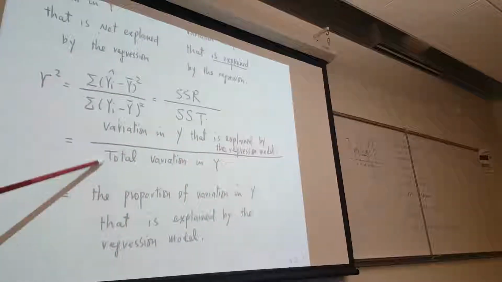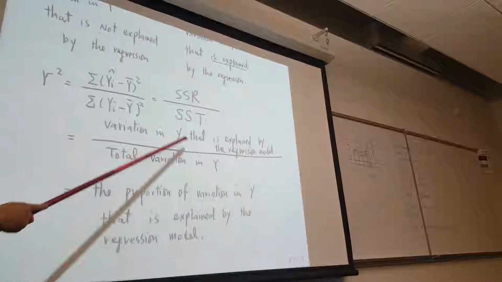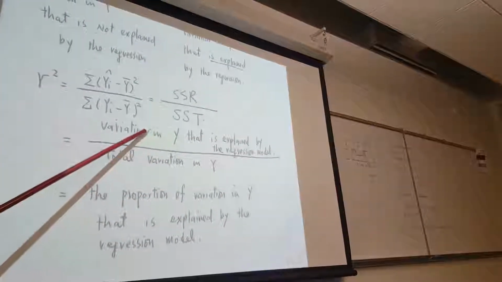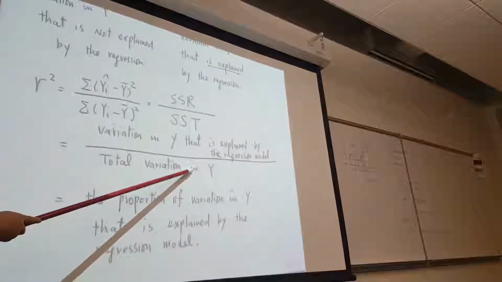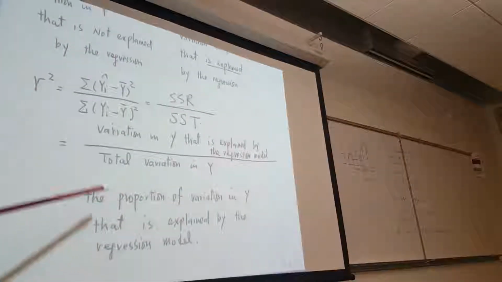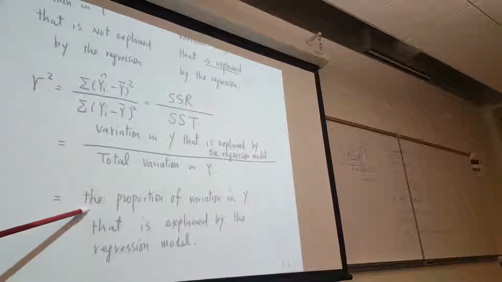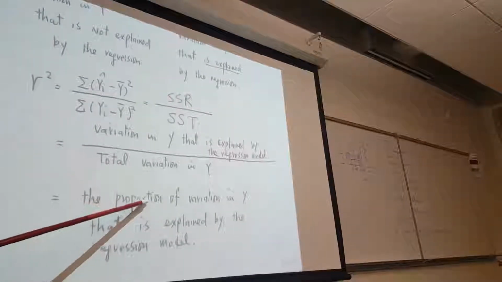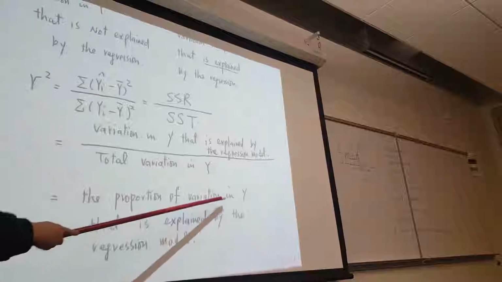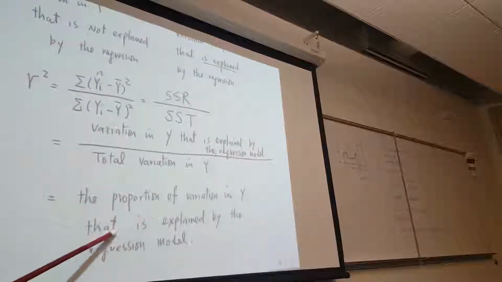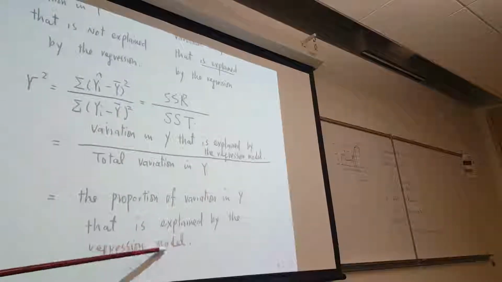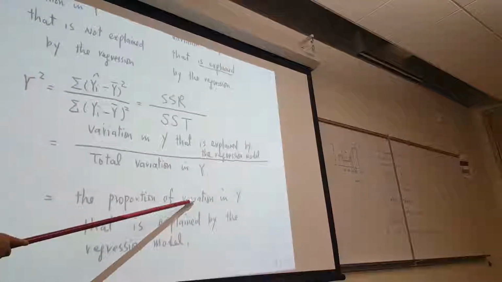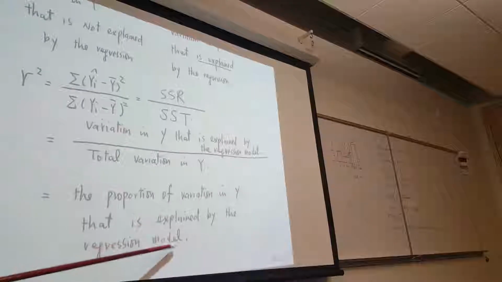This is the whole variation, and this is just part of it. So the variation in y explained by a regression model divided by the total variation in y is a fraction concept. So we say this is the fraction or proportion of variation in y that is explained by a regression model. Is that clear? So what is R squared? It's the fraction of variation in y that is explained by a regression model.